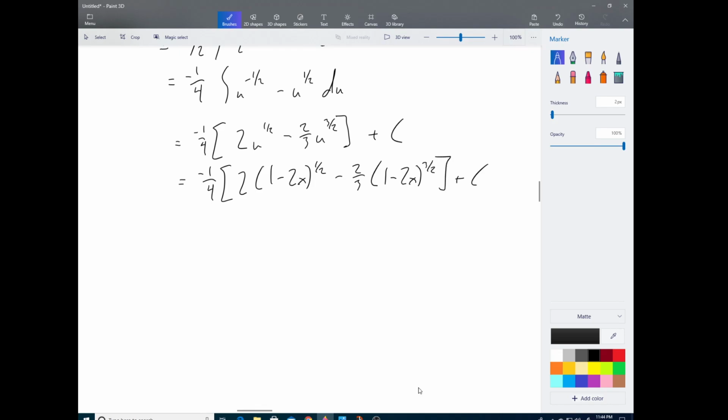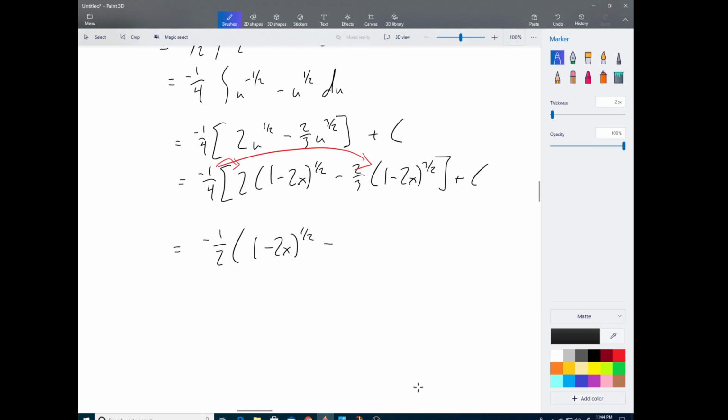And personally, I would clean this up by distributing that negative 1/4 in now. So negative 1/4 times 2 is negative 1/2. And negative 1/4 times 2/3, you've got a 2 on top, a 4 on bottom.